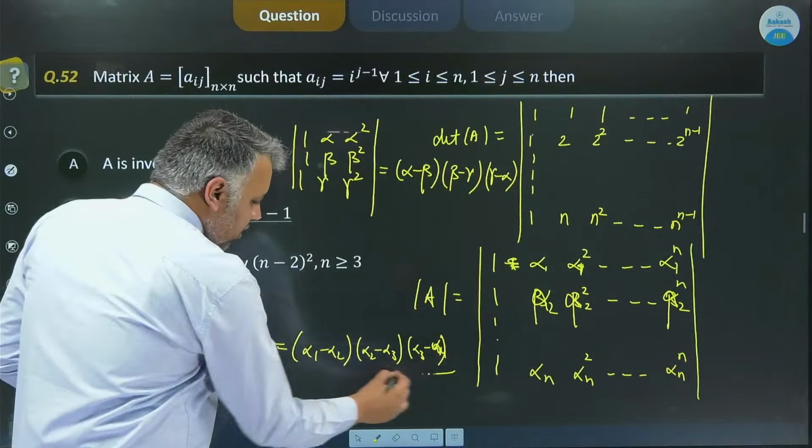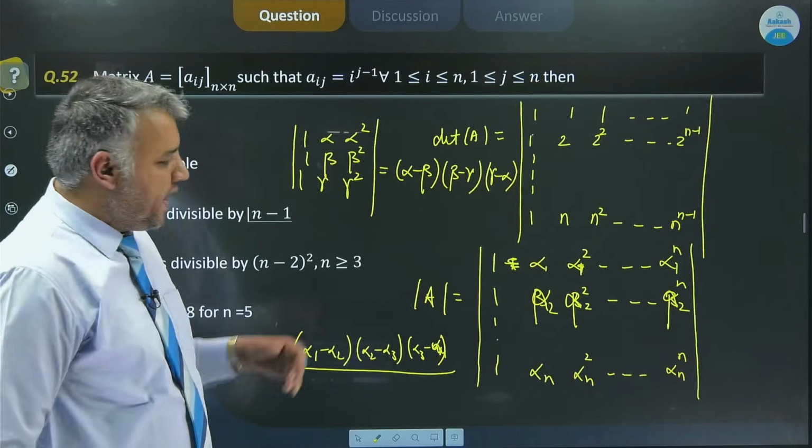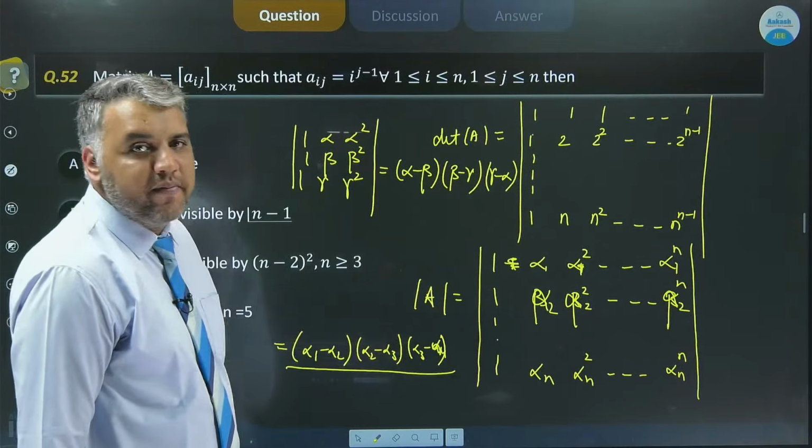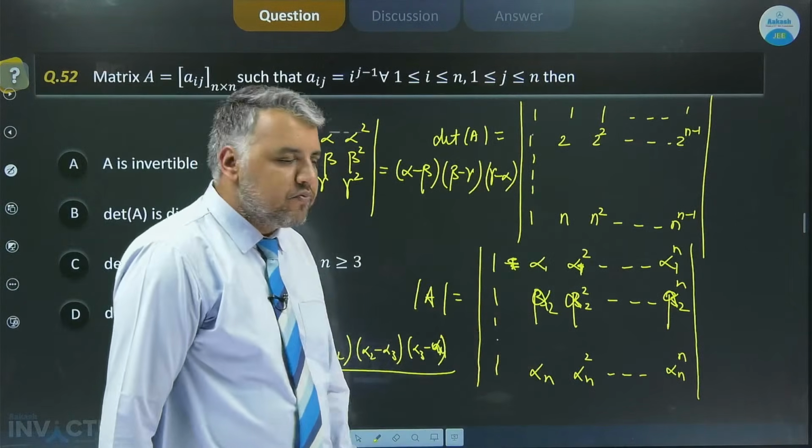In fact, all possible pairs, all possible factors using 2 elements, alpha i, alpha j.